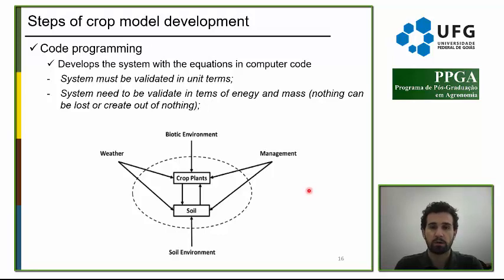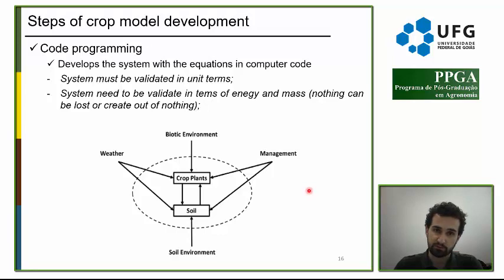For example, if the biomass is calculated based on grams per megajoule, my output will be grams of biomass per square meter. So in this process, you need to look at this.